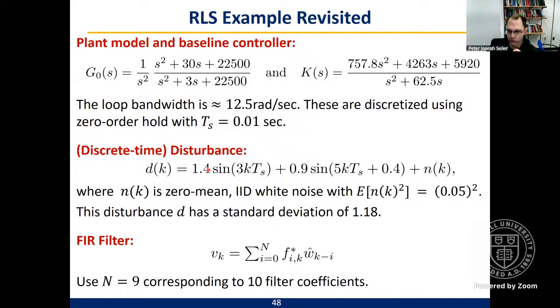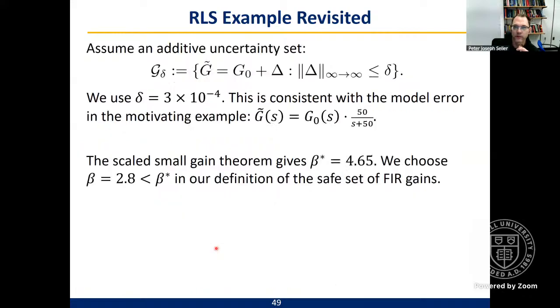So let's maybe just wrap up and show how this performs on this simple example. We'll come back to this simple plant model with the controller and the disturbances we had before. We're going to use recursive least squares to figure out what this optimal injection should be. But then we're going to use this safety filter to limit the magnitude of this injection to ensure that we're robustly stable.